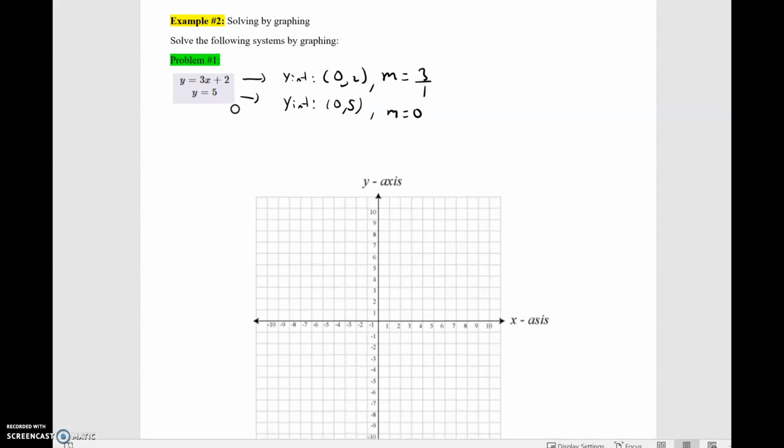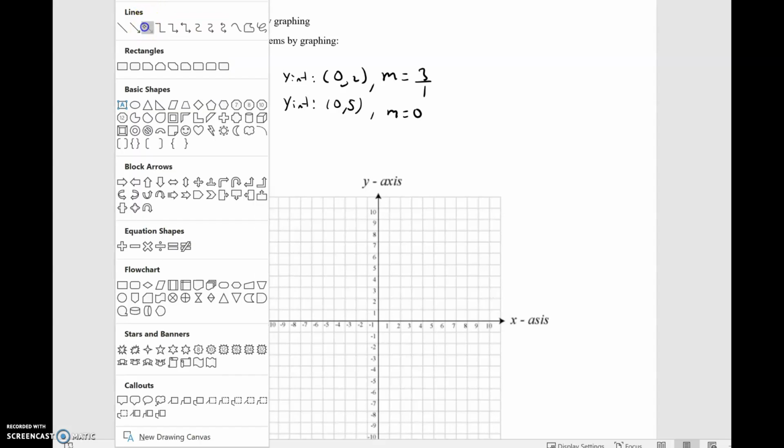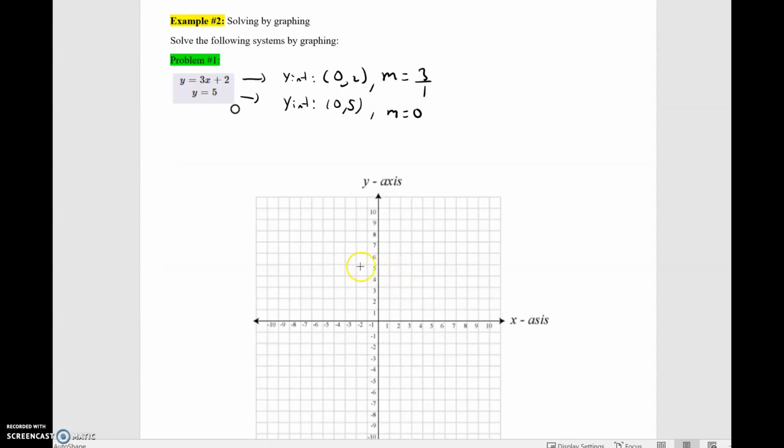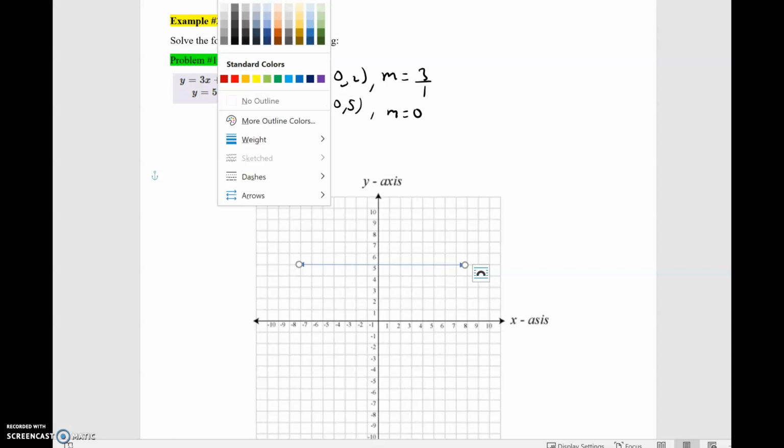Now, let me actually graph these. For the horizontal line passing at (0, 5), our equation is going to be here. Let me make it a little bit thicker so we can actually see it.